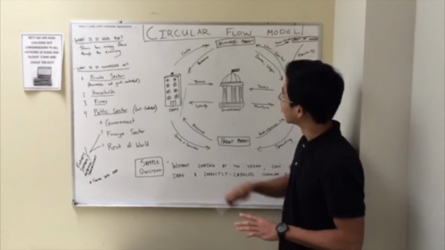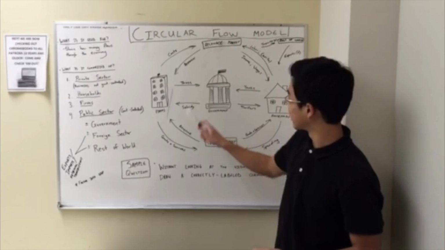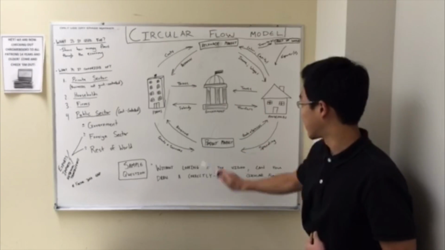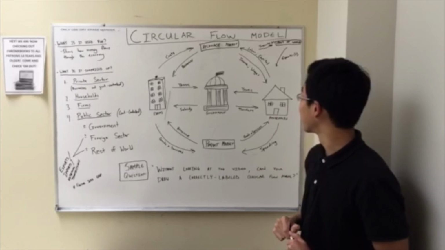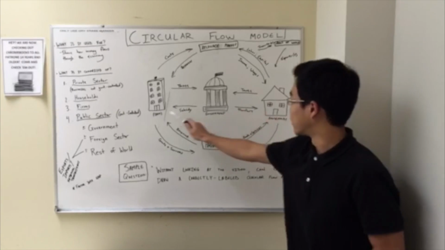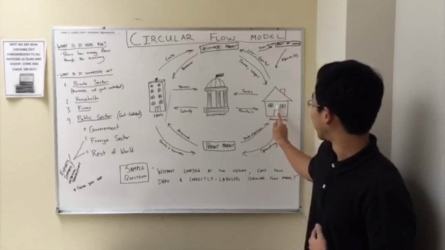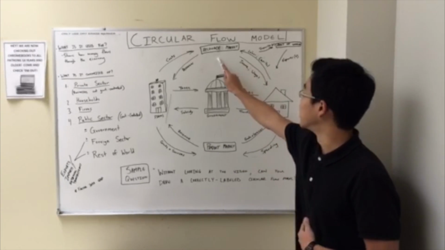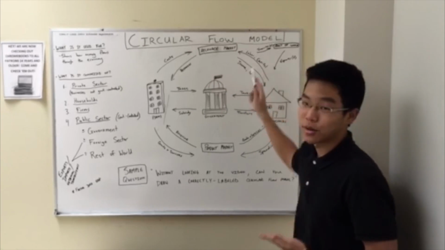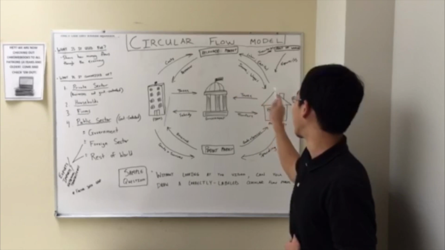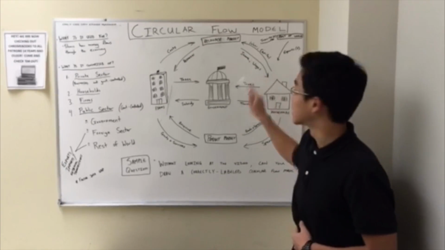And so to give you guys a basic idea, this is what it looks like as a whole. At the top half is the resource market, and the bottom half is the product market. Households on the right, firms on the left, and the government right in the middle. We'll start off with households, which provide to the resource market labor and capital, so basically the human workforce, while the resource market provides us with income or wages.